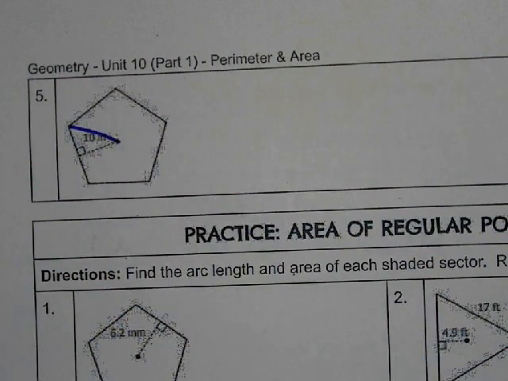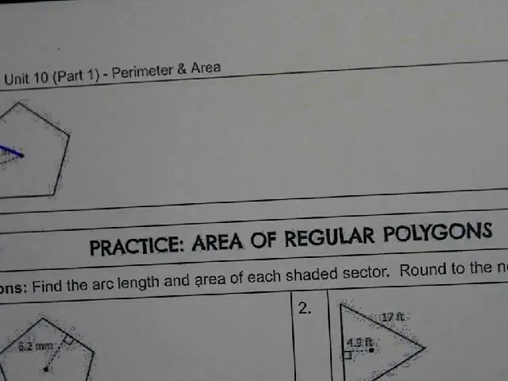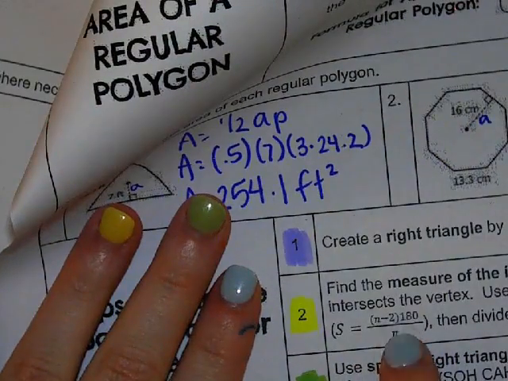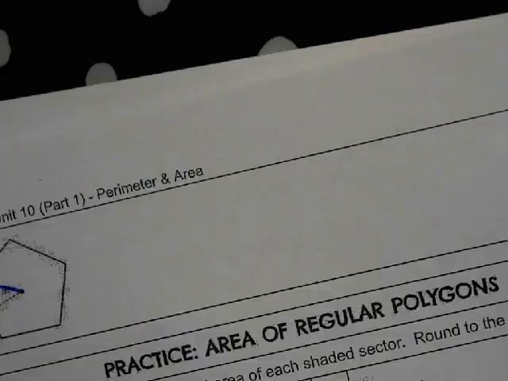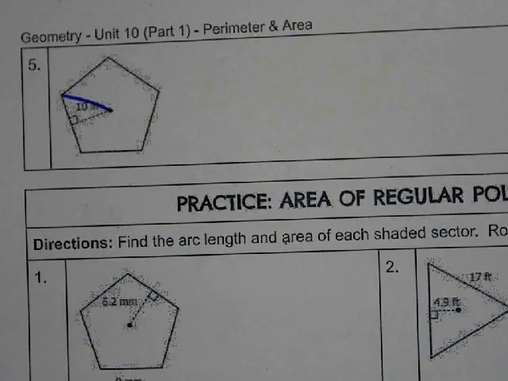Now, I've got to figure out, using this formula, like we did before, what angle measures I'm working with, so I know if I'm working with a 30, 60, 90, a 45, 45, 90, or a trigonometry triangle.